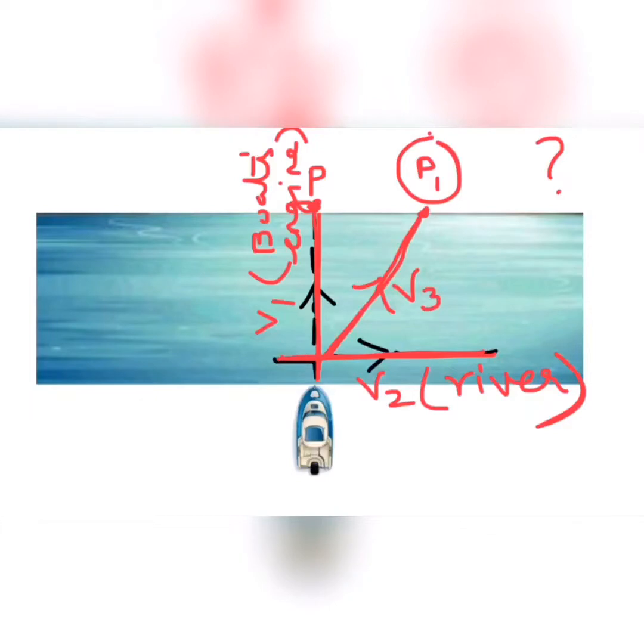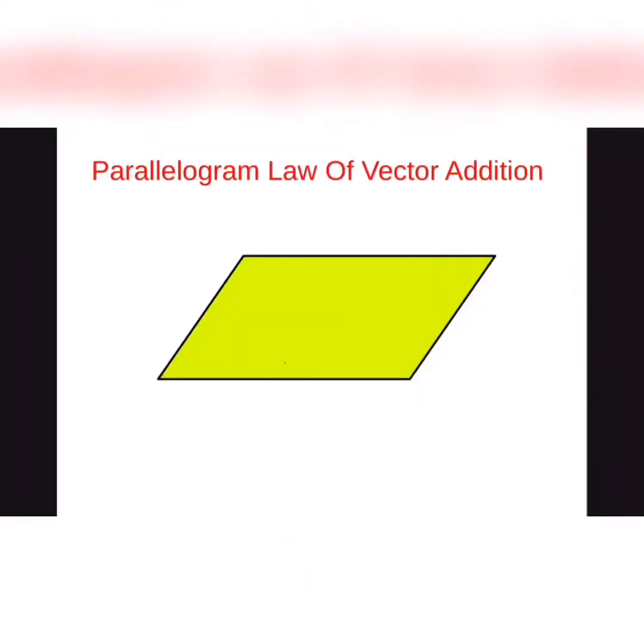Is there a way to calculate this V3 precisely? Yes, there is a way. The way is the parallelogram law of vector addition. So let us look at it closely. If we have two vectors, vector A and vector B, such that the two vectors represent the adjacent sides of a parallelogram in magnitude and direction, then their sum vector A plus vector B is represented by the diagonal through their common point.